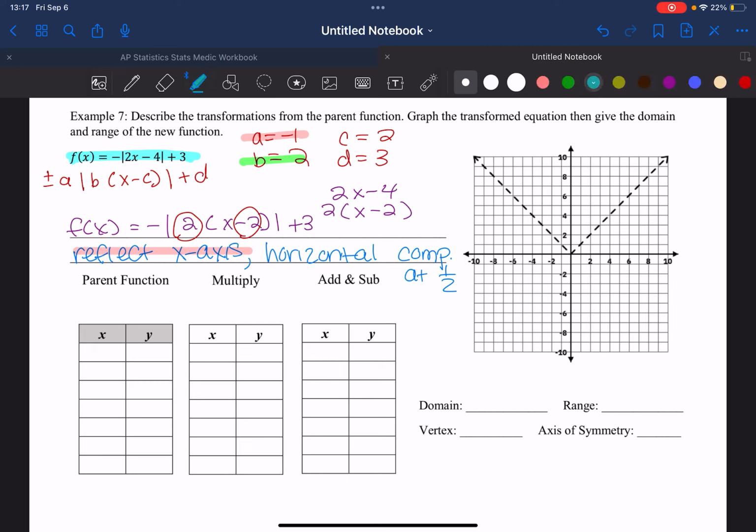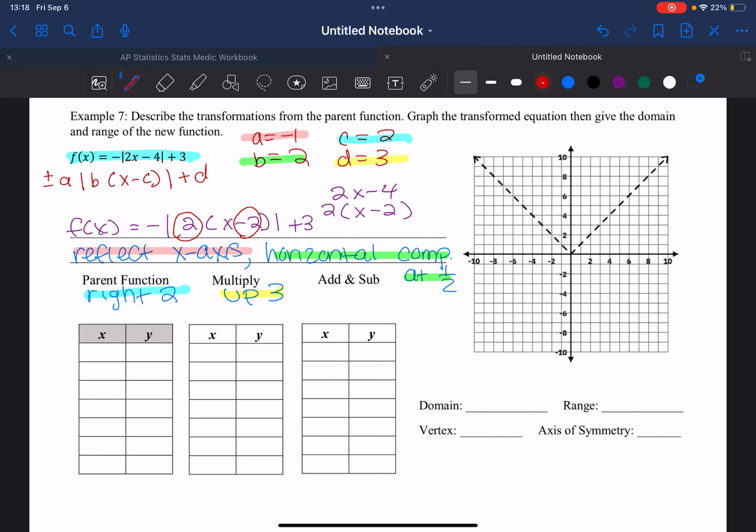Okay, so that's my B value. My C value is 2. So that tells me that I am going to go right 2. And then my D value is 3, which means I'm going to go up 3. Okay. Once I do all that, that is going to tell me how I'm going to alter my parent function.